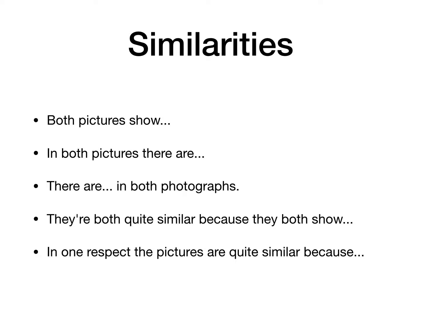We can change one to a couple. So in a couple of respects, the pictures are quite similar because, and then we can give a couple of details, things which are similar between them, or in many ways, the pictures are quite similar because, and we can give more details, which are. So hopefully you can see we can change these phrases like they're both quite similar, they're both very similar, but it's useful to remember these phrases still.